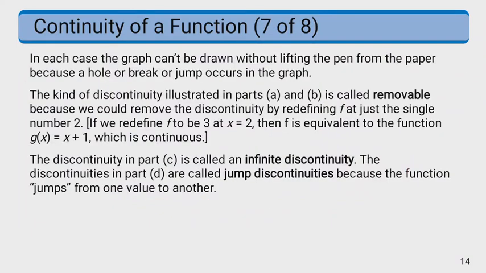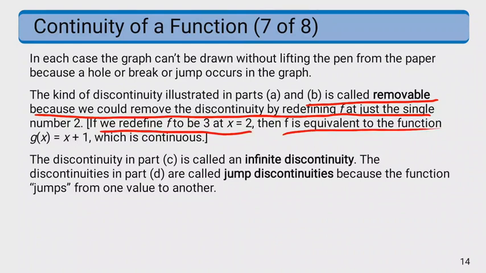So that's what we have just concluded, that if our function can be redefined such that we can remove a discontinuity, then we say we have a removable discontinuity at that point. And then we agreed that on our previous example, if we can redefine f such that it becomes 3 at x which is equal to 2, then we finally get a continuous function.